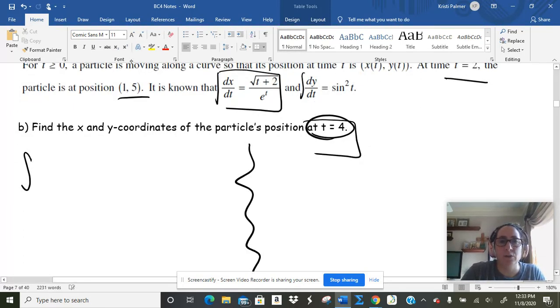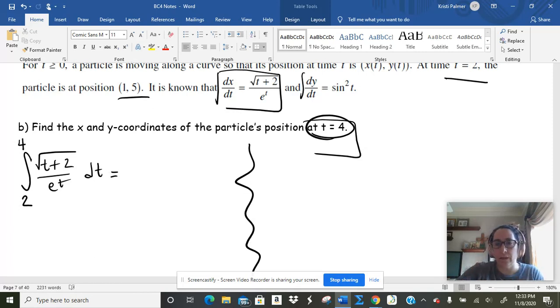So here, let's do the x first. So I'm going to put my derivative with respect to t, and I know what happens at t equals 2. I want to find out what happens at t equals 4, and this is where we set up the full equation. So this is x of 4, that's what we're looking at, minus x of 2, which we know was 1.